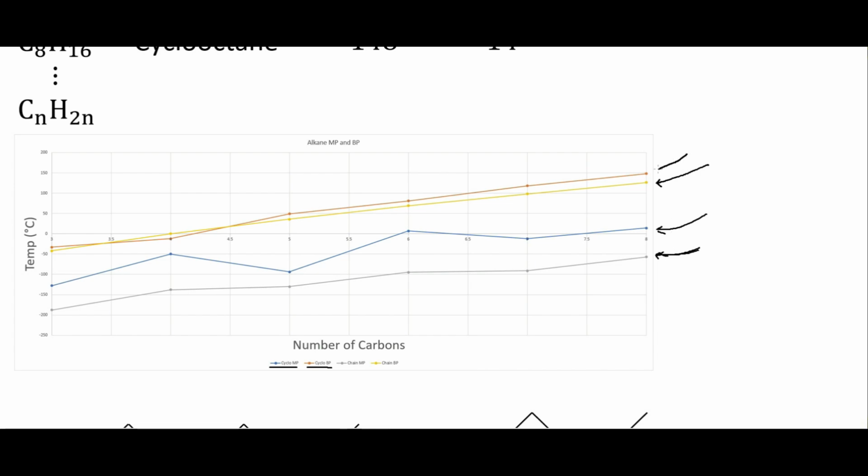Or no, these are the boiling points, and these are the melting points here. We see that for the cycloalkanes, they're both a little bit higher compared to the linear alkanes.